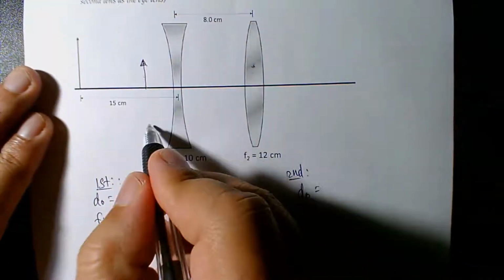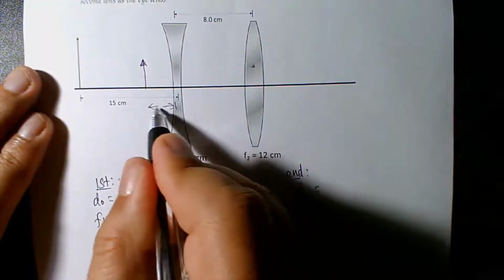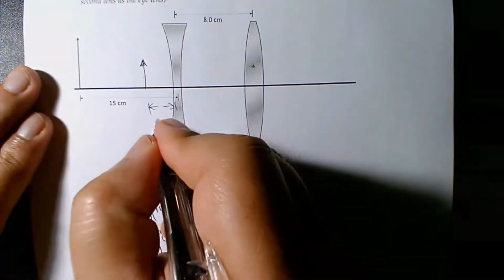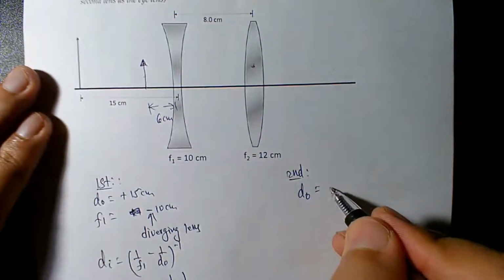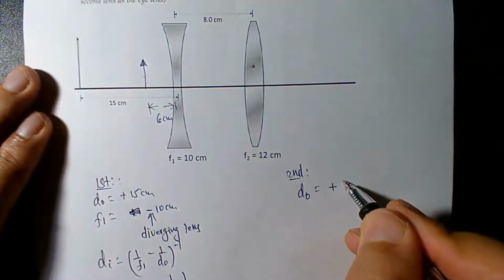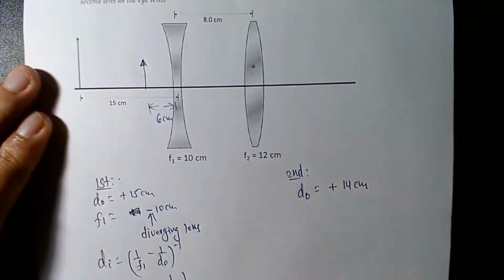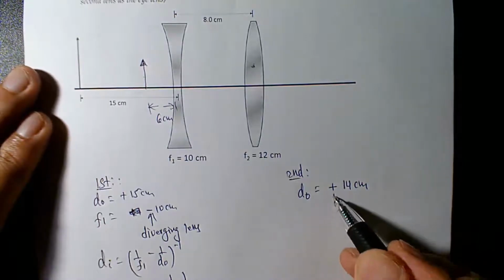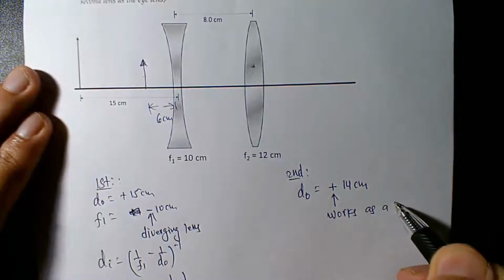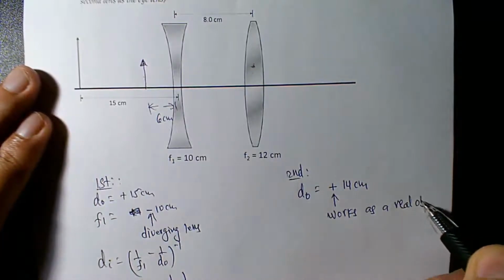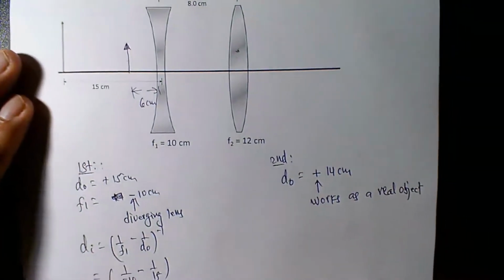From this measurement, we just found that distance as 6 centimeter, right? And this is 8 centimeter. So then positive 8 plus 6, 14 centimeter, right? And why positive? Because it works as a real object for the second lens.